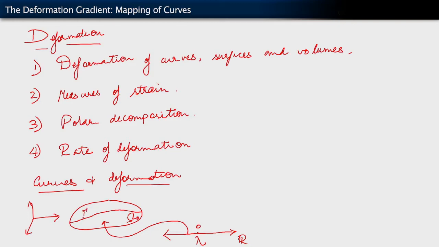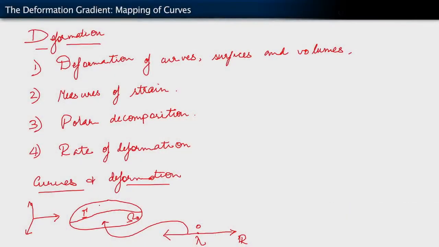gamma. Okay? It's a vector because, after all, that curve is just defined by a set of points belonging to this reference configuration, right? And for those sets of points, we refer to them by their position vectors, right? So gamma is just a collection of position vectors, okay, which gives us a curve on the body omega naught, on the reference configuration of the body omega naught. And since it was parameterized by lambda from that real line, we have lambda here, okay?